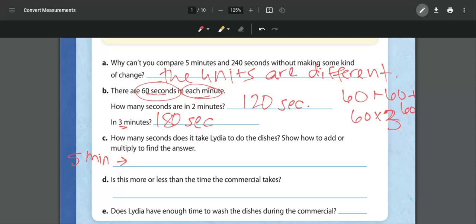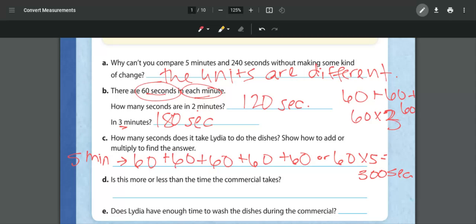Because 3 minutes, 3 60s, 2 minutes, 2 60s. So we can add 1, 2, 3, 4, 5, or 60 times 5, which gives us 300 seconds. Don't forget those units, they're very important.